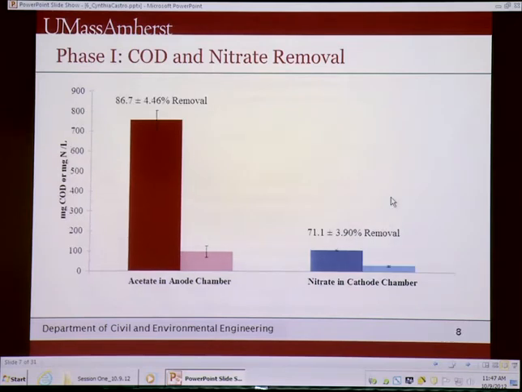Once we did that, we saw an increase in the nitrate removal in the cathode chamber, and we attribute this to the limiting of electrons. There weren't enough electrons being passed from the anode to the cathode. Before, we had a 4-to-1 carbon-nitrogen ratio, and now we had a 10-to-1 carbon-nitrogen ratio.